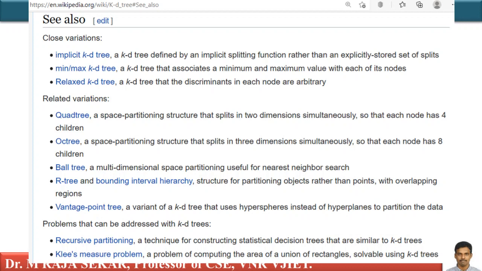It gives you a very nice explanation of how to find the nearest neighbor, and I strongly recommend all of you read through Wikipedia pages after we learn a technique, because that gives you much more detailed information. Here there is also nice code.